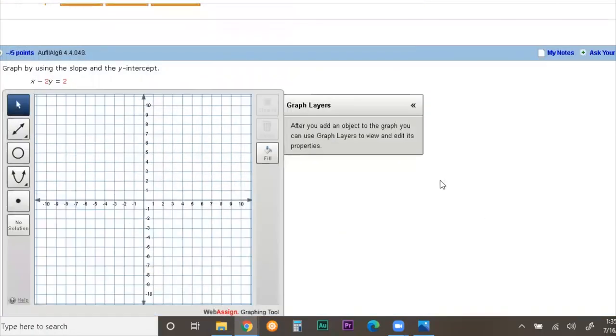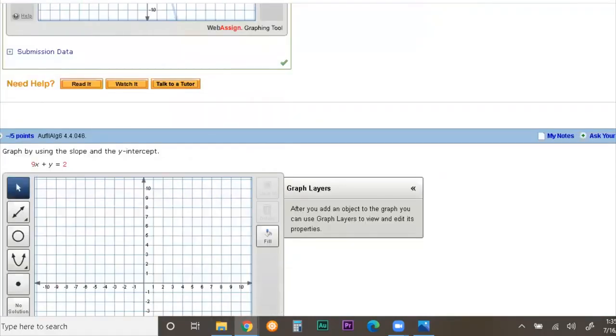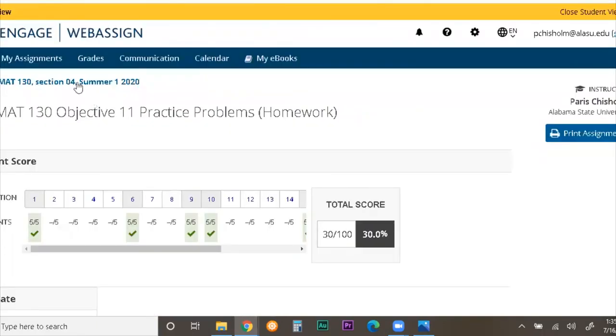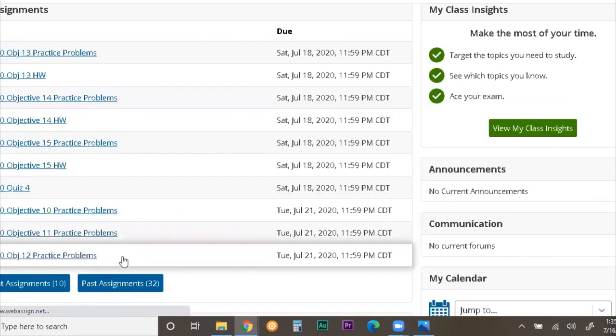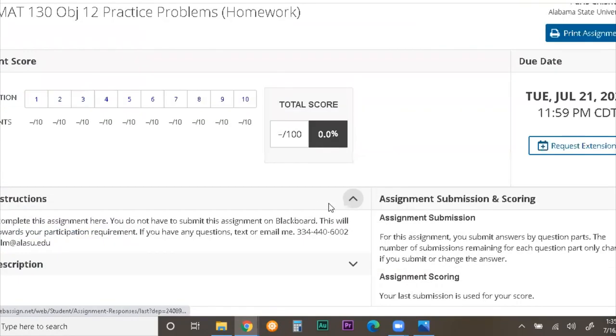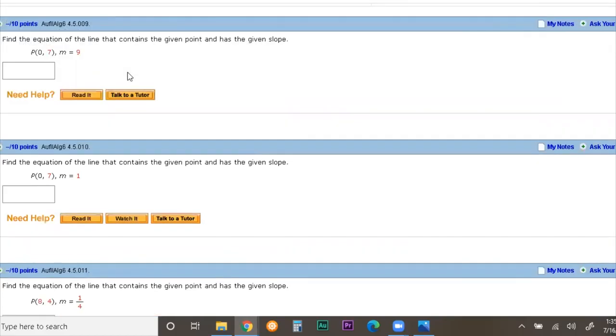So let's look at objective 12. In objective 12, we were writing equations. So for this first one here, we have a point and we have an m.